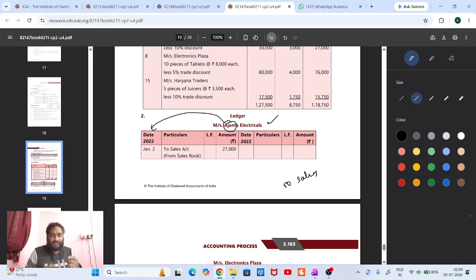You sell to the debtor so that he pays cash later. So, debtor account debit to sales. Why do we do this? Because debtor is an asset. An asset has a debit balance. Remember, debtor is an asset.